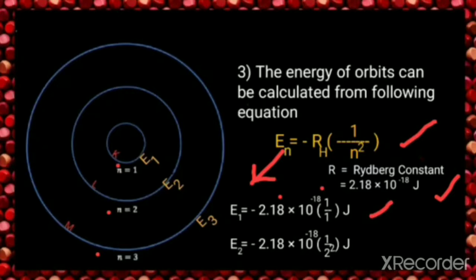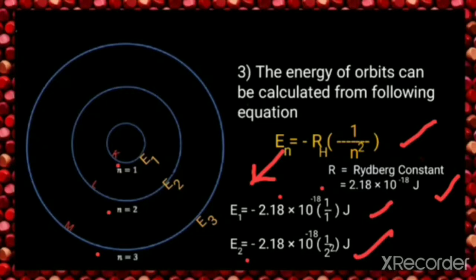For the second orbit, we keep n equal to 2, and on substituting we get E2 = -2.18 × 10^-18 × 1/2², and we get the energy in joules.